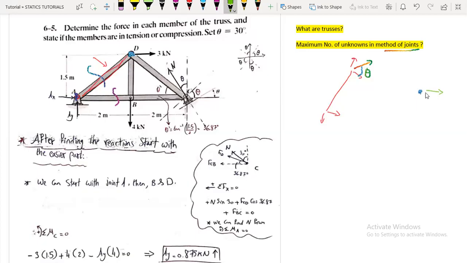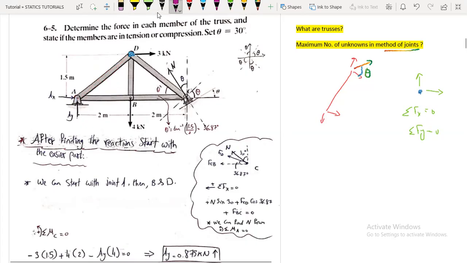So we have only the forces: summation of Fx and summation of Fy equals 0. Now to start solving, the maximum number of unknowns in the method of joints is what? Two unknowns. So after finding the reactions, if required, we will start from the easier part.